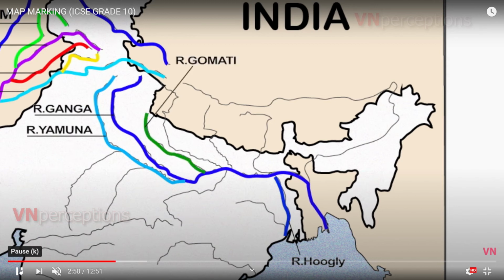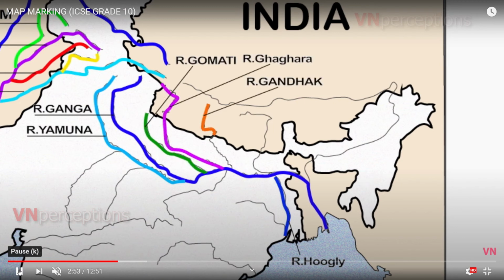River Gomti, Ghagra, Gandak and Kosi are parallel rivers. At the corner of Nepal, River Gomti rises and meets River Ganga a little after Yamuna. River Ghagra and Gandak rise in the hills of Nepal. From the Nepal border, you have to make this river meet River Ganga, and this is River Gandak.